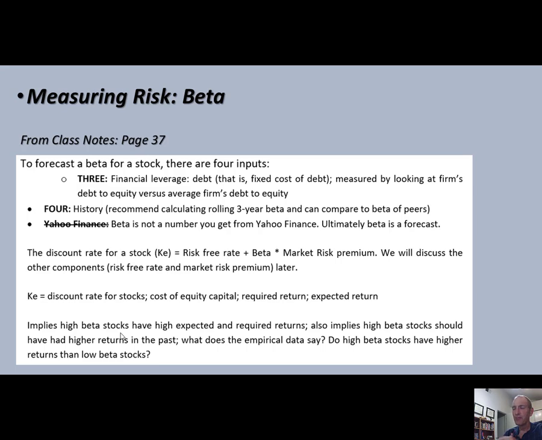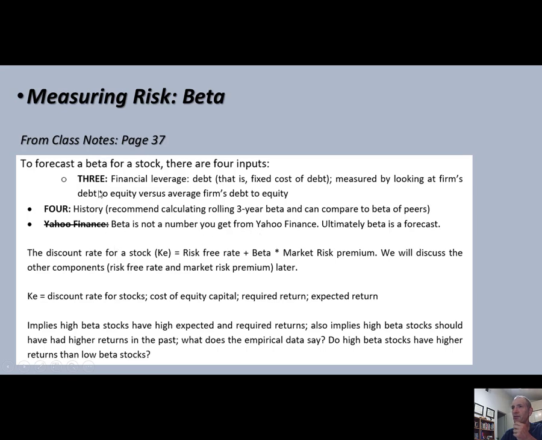Unfortunately, empirical studies show that's not the case. That's why I say if you go on Google and search "is beta dead," one of the things you'll see is that when you look at stocks with high betas historically, they've actually had lower returns than stocks with low betas. So there are some definite challenges to the capital asset pricing model. However, the studies that show that high beta stocks have lower return than low beta stocks are studies using regression betas, which I just told you not to use.